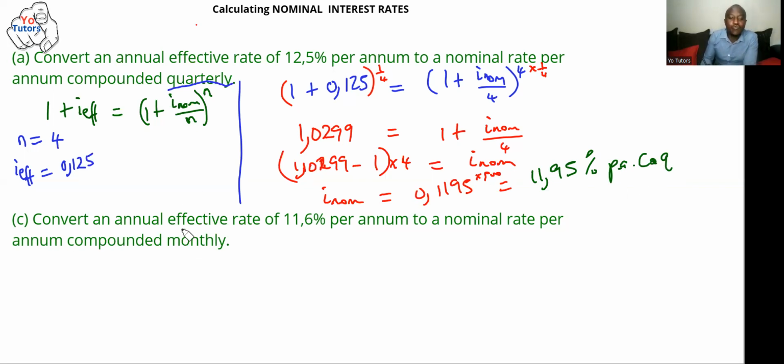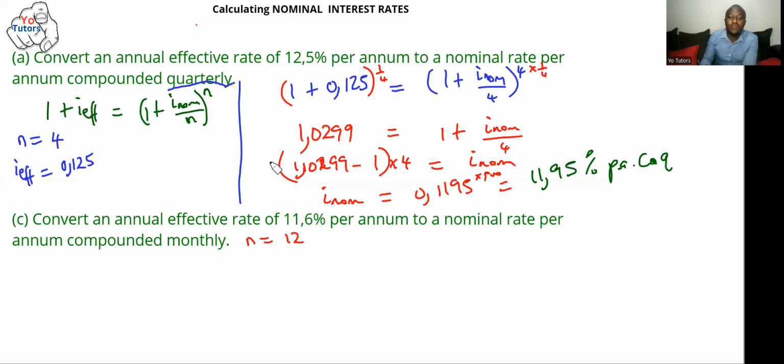Now let's look at the last one here. The last one is saying convert the annual effective rate of 11.6% per annum to a nominal rate per annum compounded monthly. So we can get our n quickly here, because when they give us monthly, it means that our n is 12.